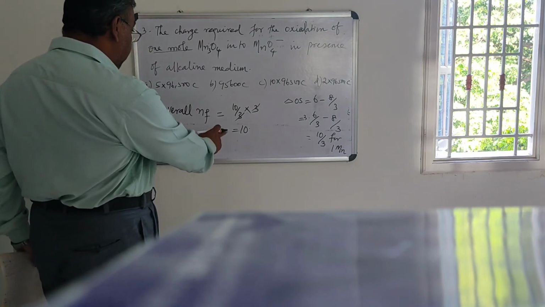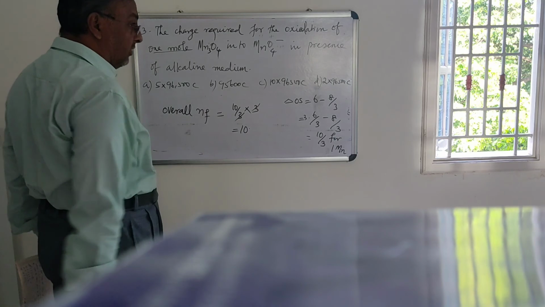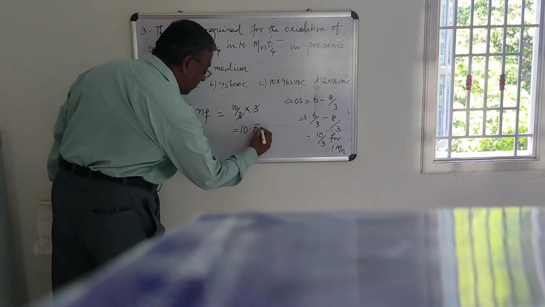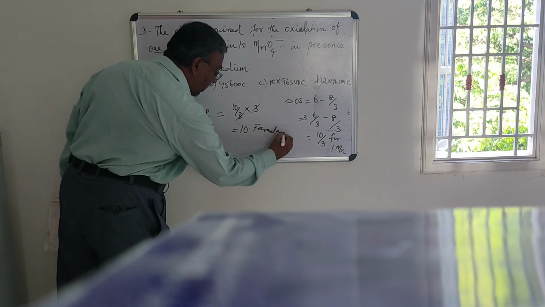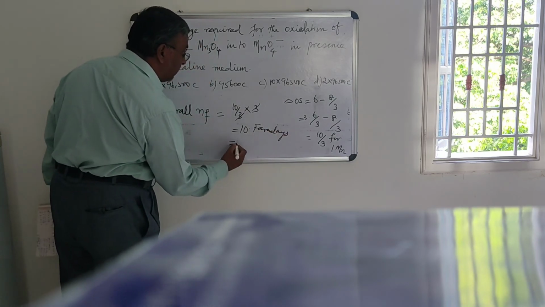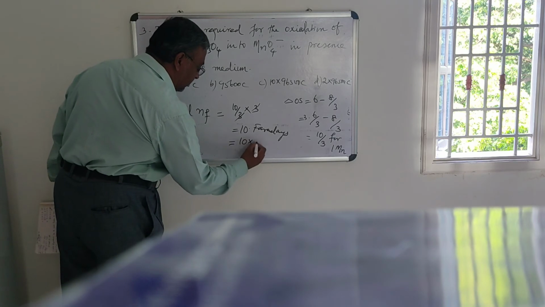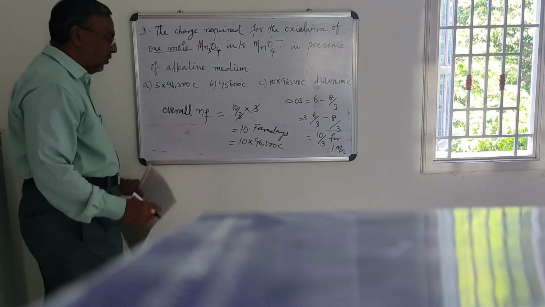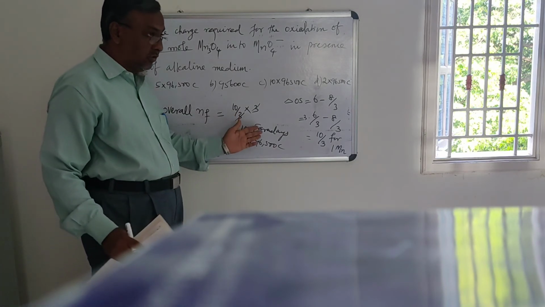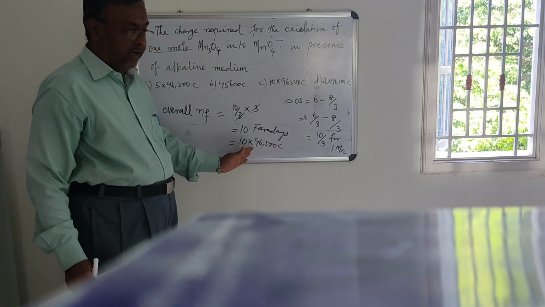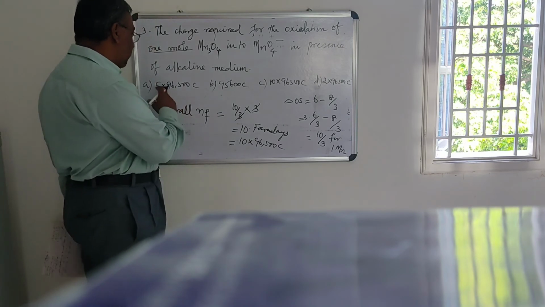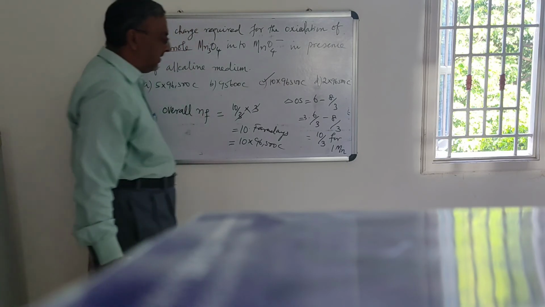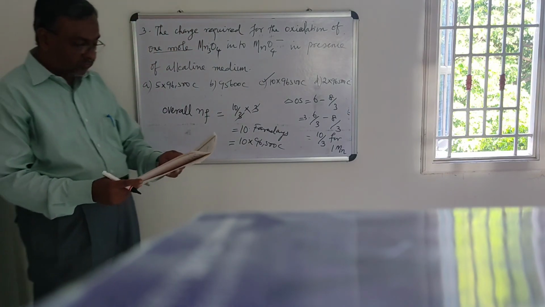That means 10 Faraday of electricity is required. Therefore, 10 Faradays means 10 into 96,500 coulombs, because 1 Faraday is equal to 96,500 coulombs charge. Therefore, among these 4 options, C is the correct answer.